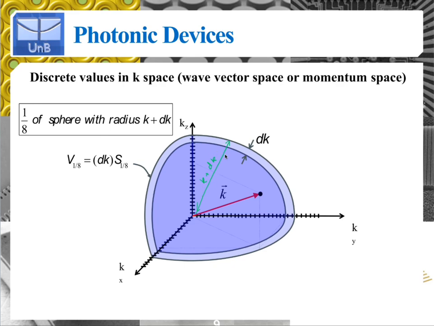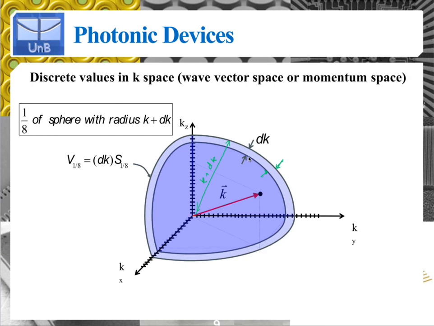All of the points in the volume located between these two spheres, including the surface of the spheres, are the points with wave vector values between K and K plus dk. So this has to make sense. If you take the volume of this shell right here, defined between the surface of the inner sphere and the surface of the outer sphere, you have a shell of thickness dk.